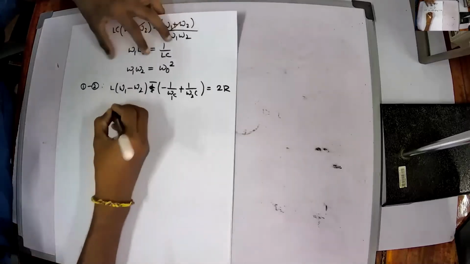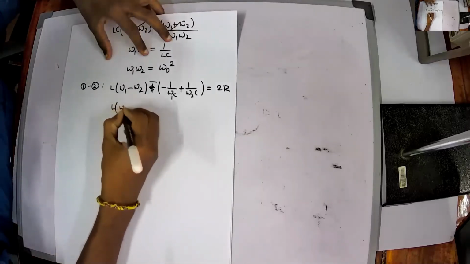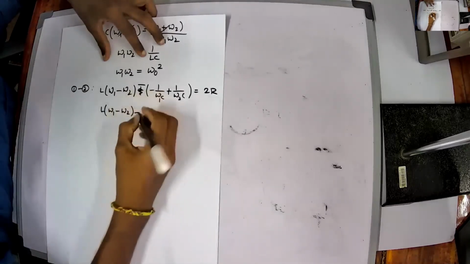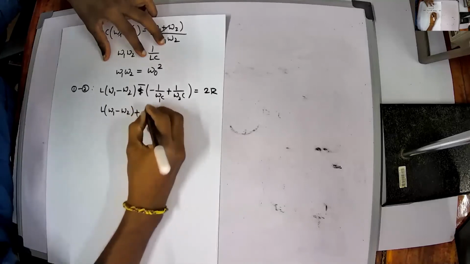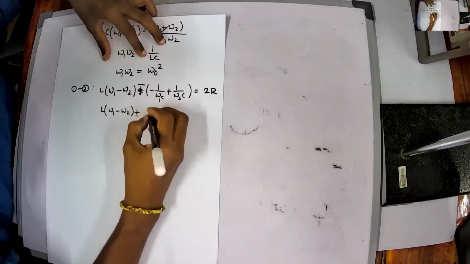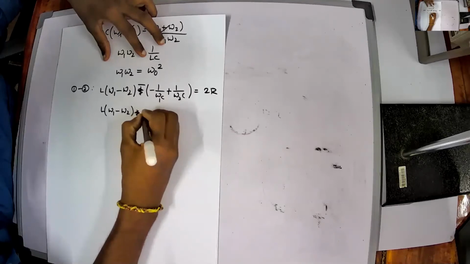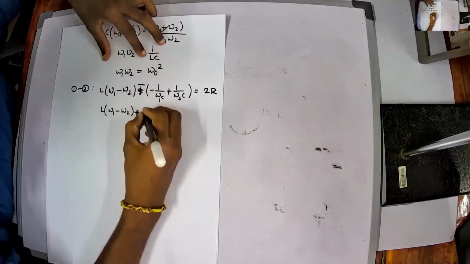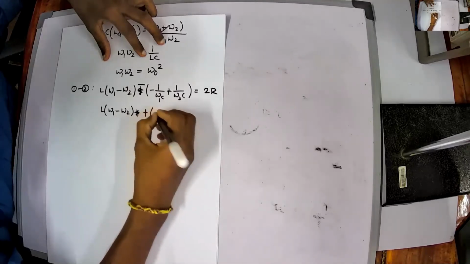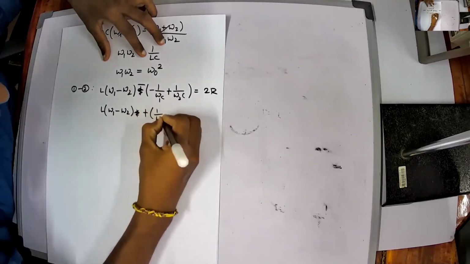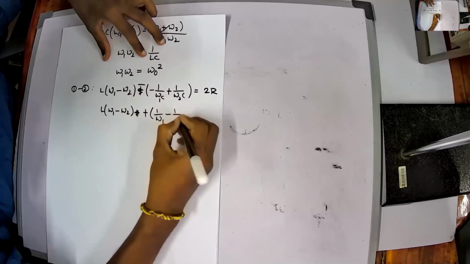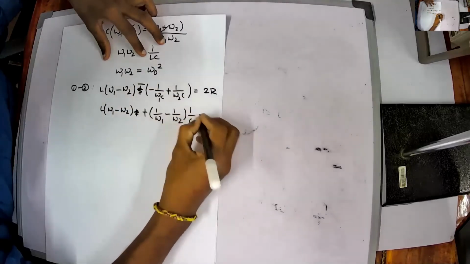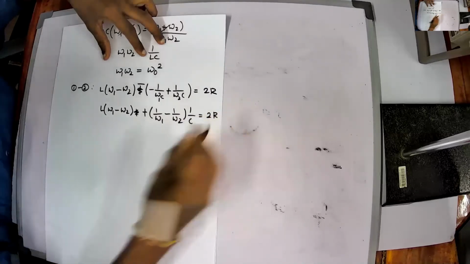If you simplify it, L into omega 1 minus omega 2, and now you can make it plus. Take the minus common, and another minus means you can make it plus, so it will be 1 over omega 1 minus 1 over omega 2, into 1 over C equal to 2R.